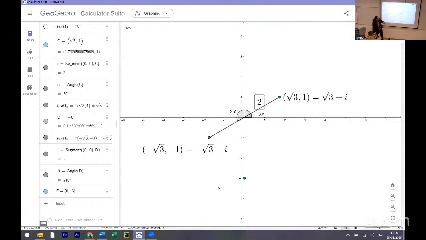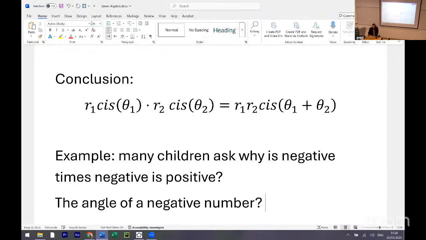What is the angle of the negative numbers, the numbers here? How much? Pi or 180, right? Because we measure from the positive side. So the angle would be 180 or pi, right? So the answer, pi.